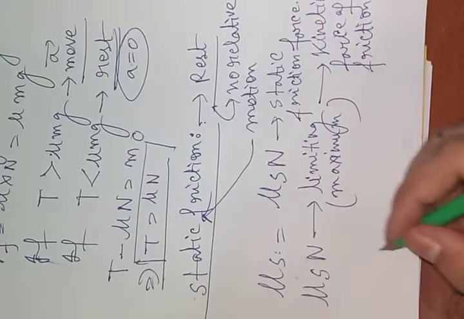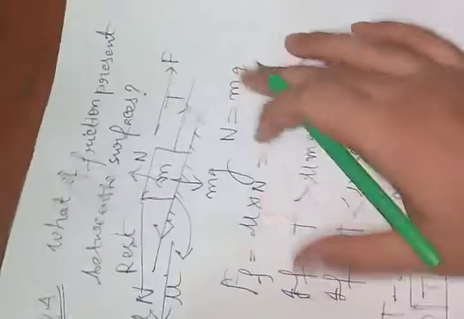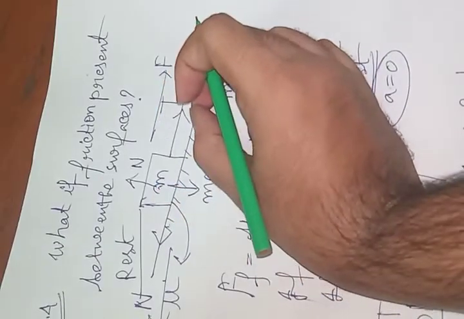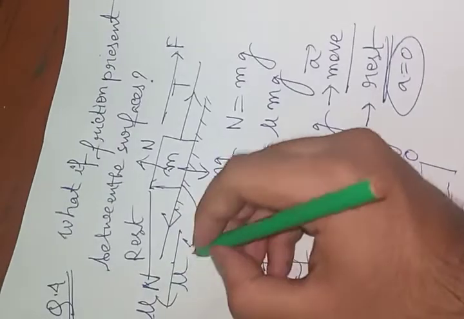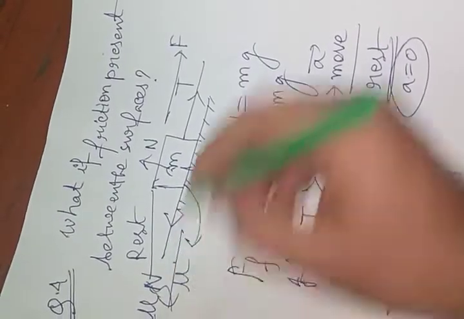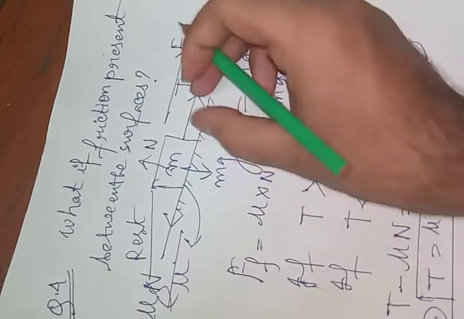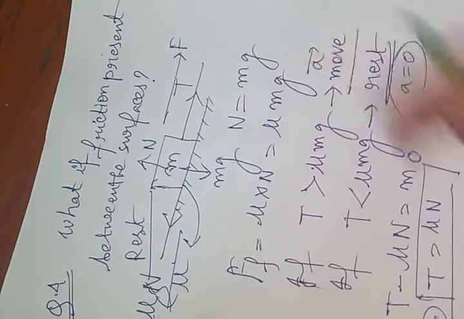So understand this: if we are applying this T force and there is a backward mu s n, why is this not moving? Because T equals mu s n.